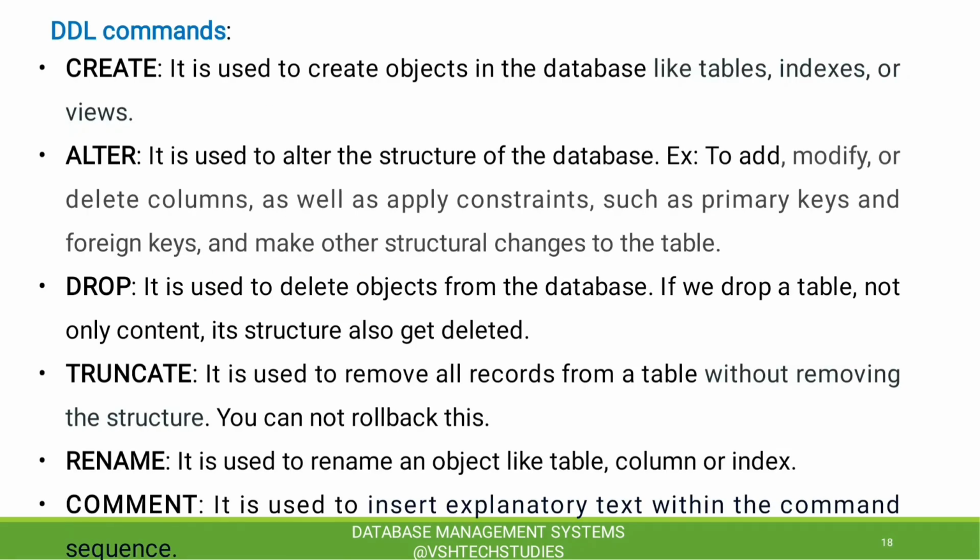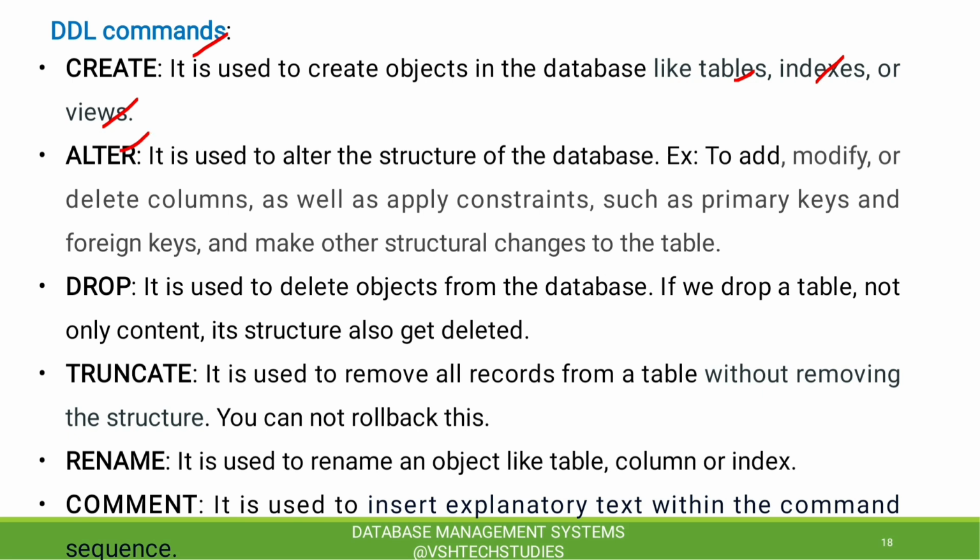So now we shall see what these DDL commands do or what they are used for. Create command. It is used to create objects in the database like tables, indexes and views. So whenever we want to create database or tables or views, we use create command. It's a data definition language command.